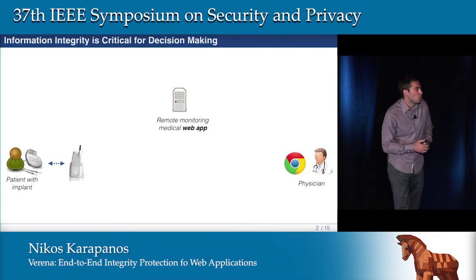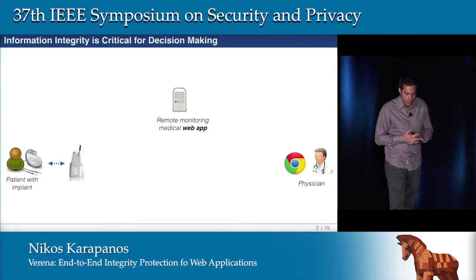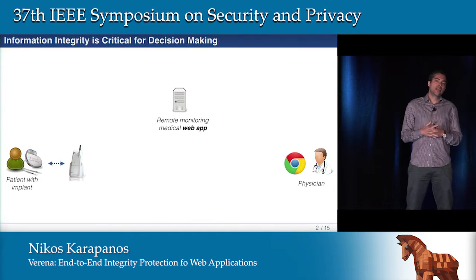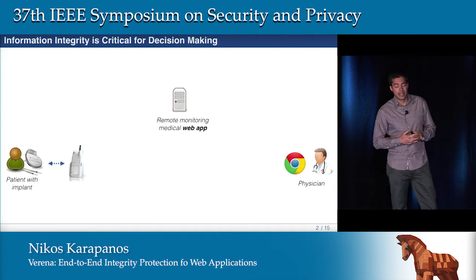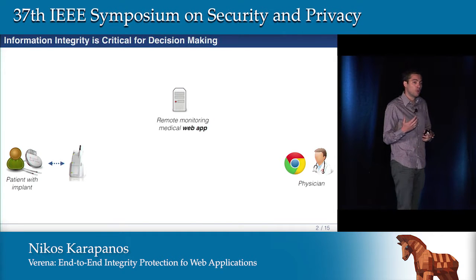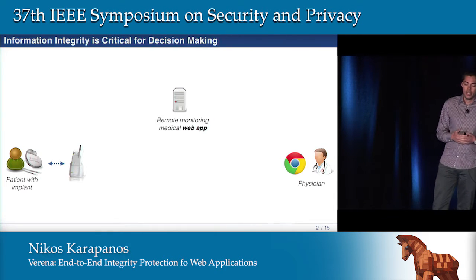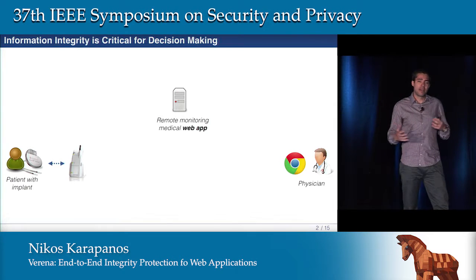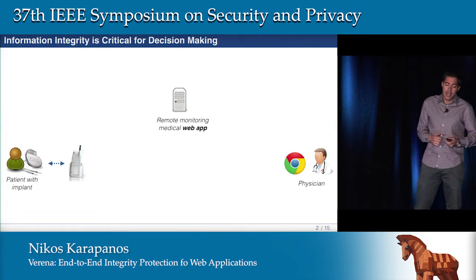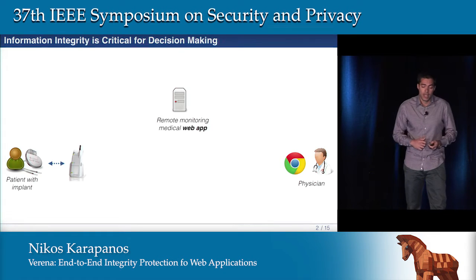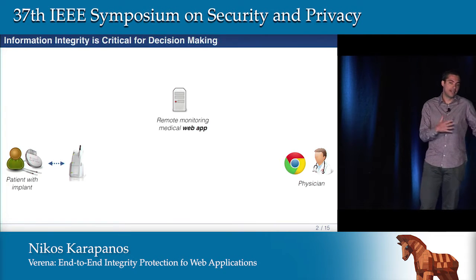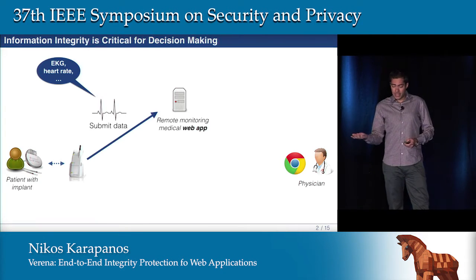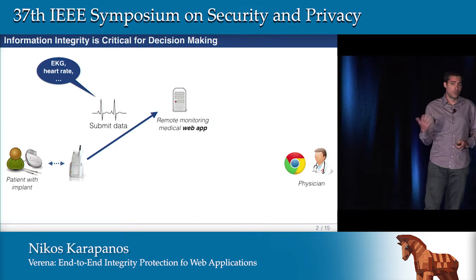So let me start the talk with an example. Nowadays, more and more clinics deploy remote monitoring medical web applications, which they use to remotely monitor the status of their patients. So you can imagine we have a patient that has some implant, like a pacemaker or some other kind of implant, and this monitors the patient status. And then through a local telemetry unit, it uploads some data to a remote server.